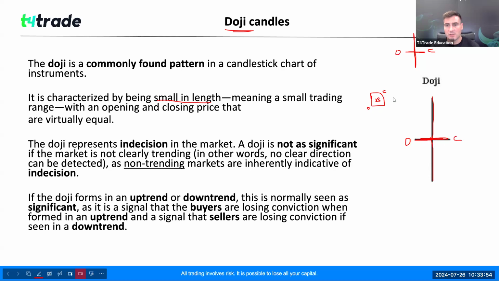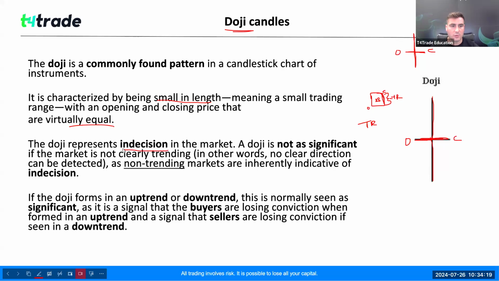When we say trading range or TR, we're talking about this area right here. So the opening and closing prices are virtually equal, at the same level, so it usually presents indecision.